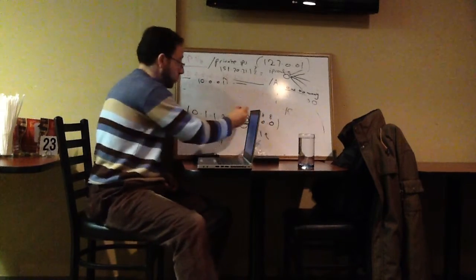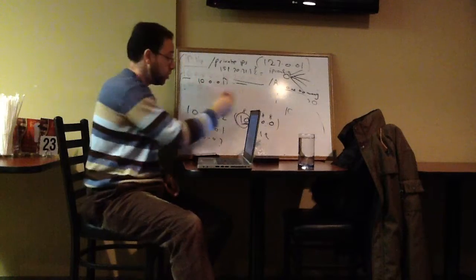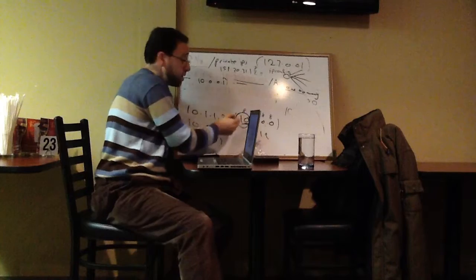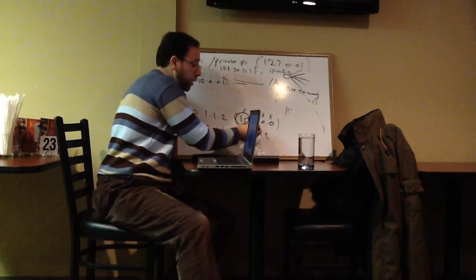We have 32 bits, 4 octets of 8 bits each. We're not going to touch the first one because it represents the network side. So what you can play with are the rest.